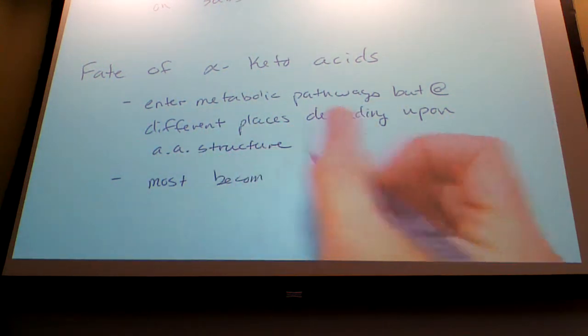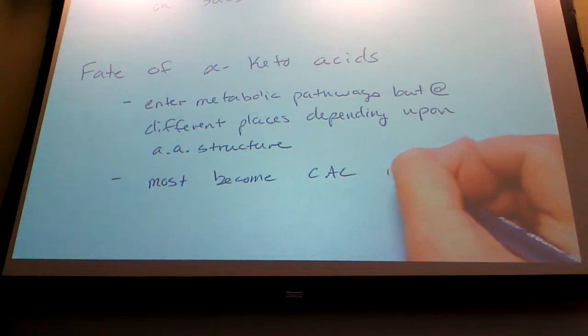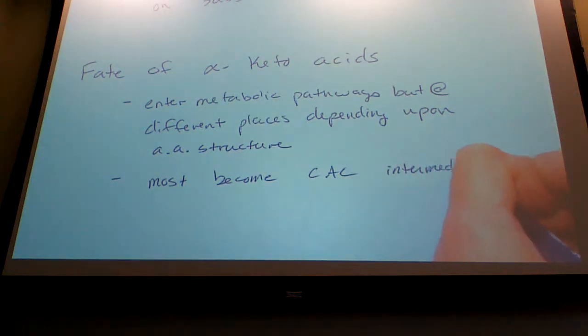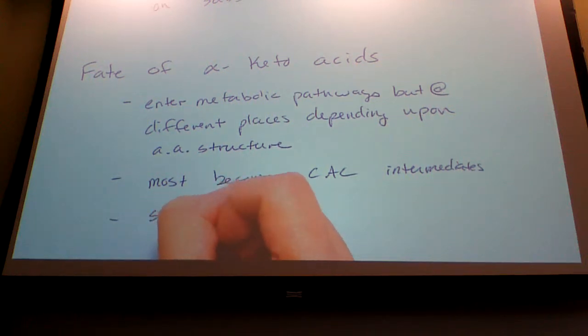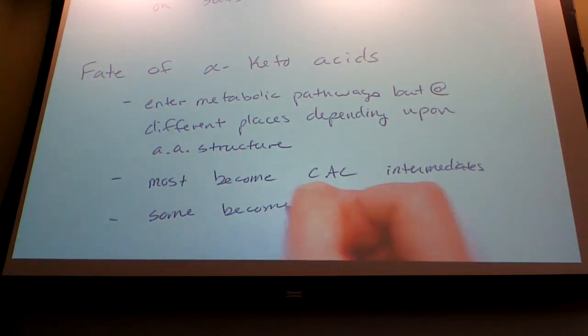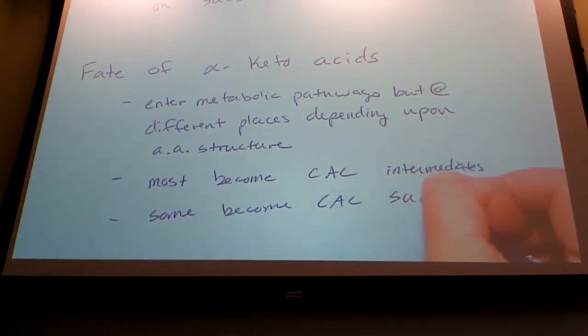Most become citric acid cycle intermediates. Some become citric acid cycle substrates. Those are different. Okay. What's an example of a substrate for the citric acid cycle? Yeah, so acetylcoenzyme A. So that is a substrate, right?